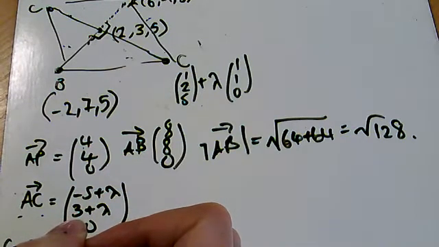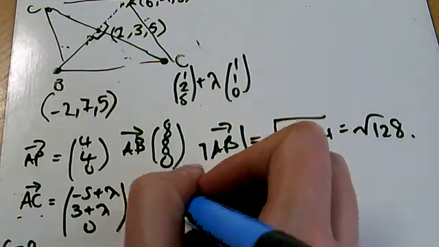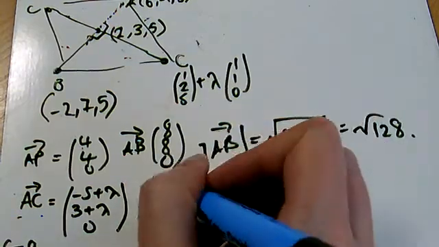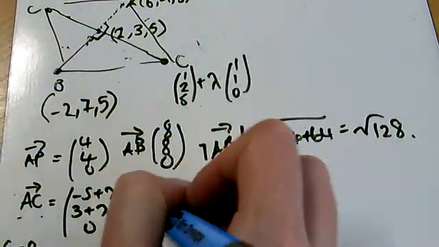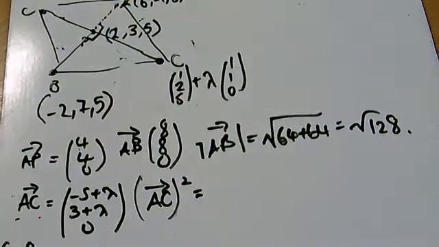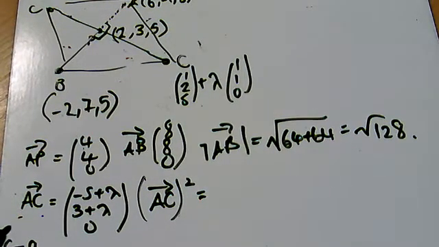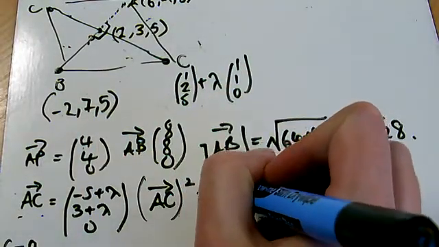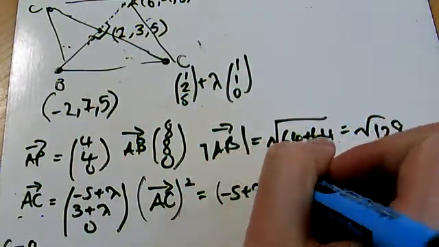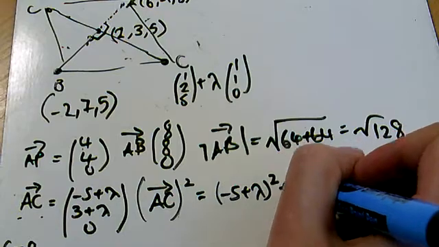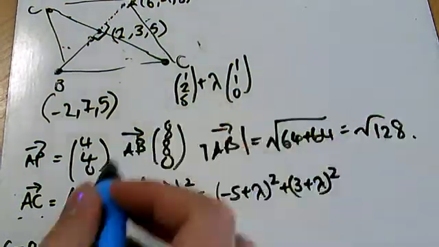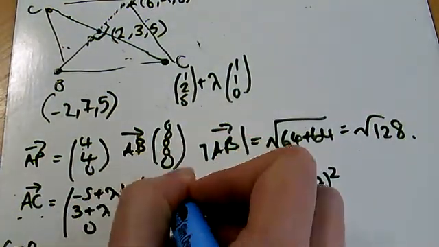Okay, so the length of the line A to C then, if we do Pythagoras on that, actually I'm going to look at the square of it to save me square rooting and having nasty square root signs. Looking at the length of the line, it would be minus 5 plus lambda squared plus 3 plus lambda squared. Just doing Pythagoras on there to find the modulus.